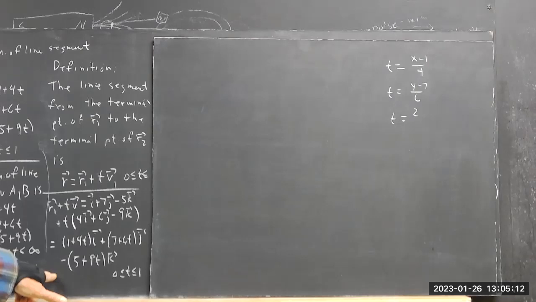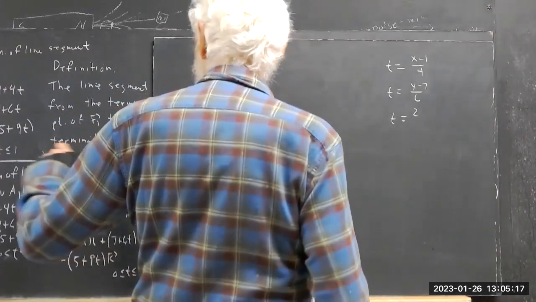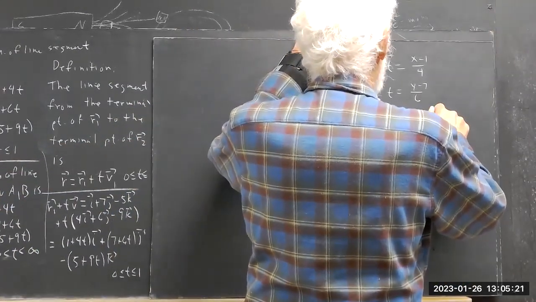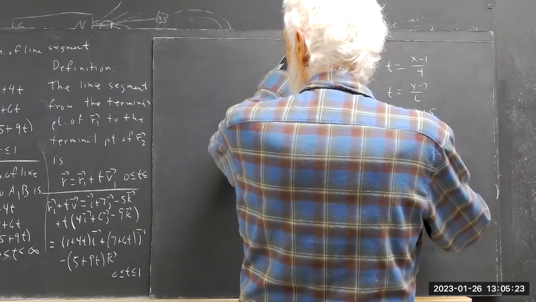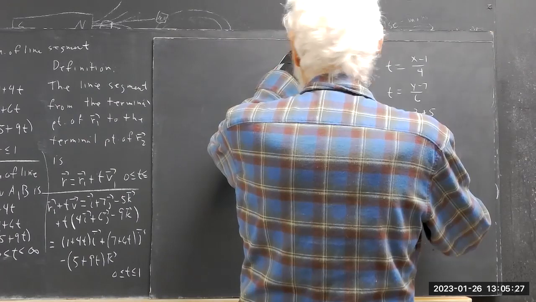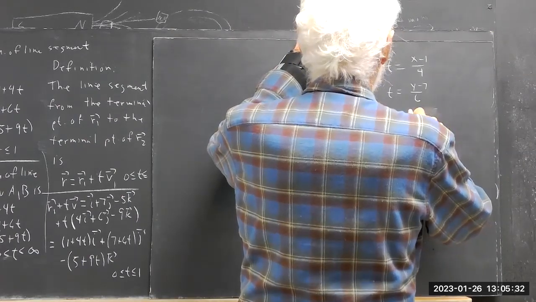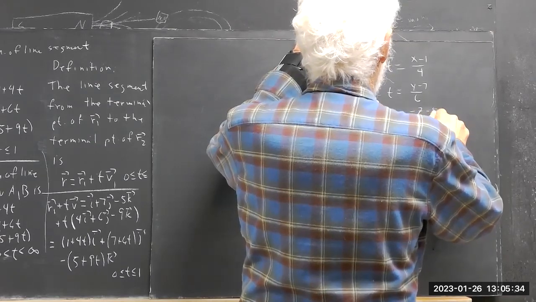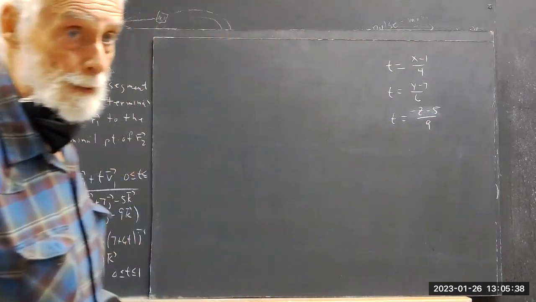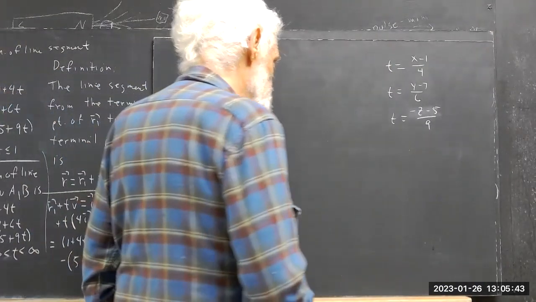Careless. So anyhow, t is then z plus 5 over 9. Is that right? Okay. Everybody got that?